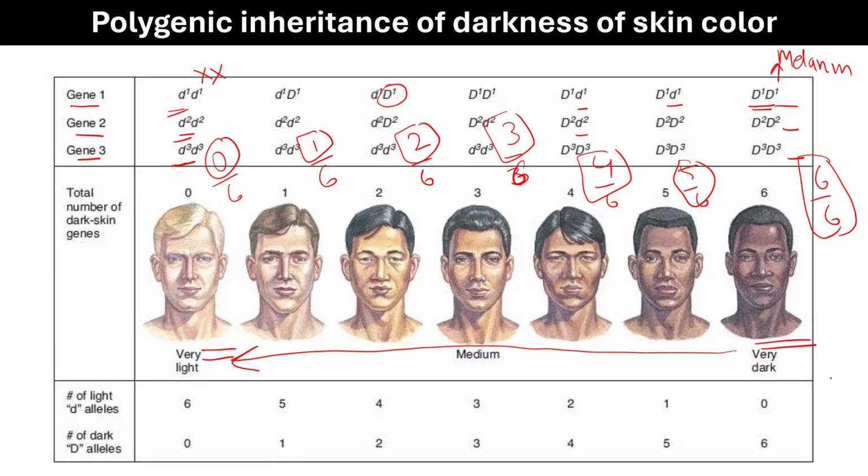So as the capital D's are reducing, the amount of melanin produced is also reducing, and the darkness of the skin is also reducing. And this is how you can get a quantitative analysis of the inheritance of a character when it is controlled by multiple genes and it is a polygenic inheritance.